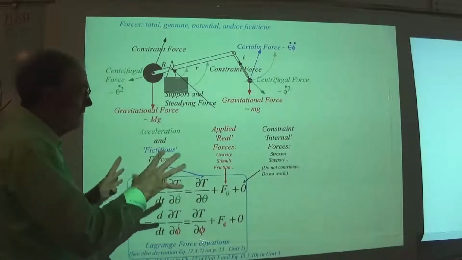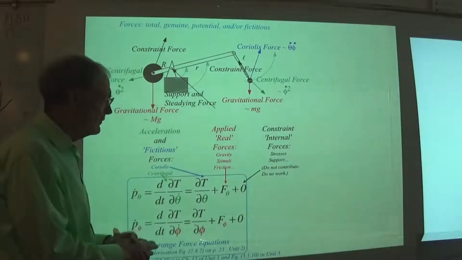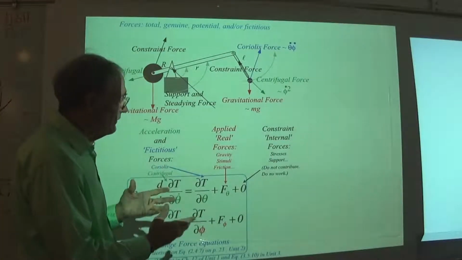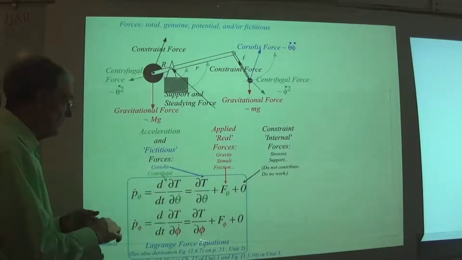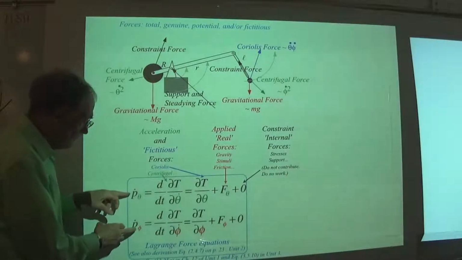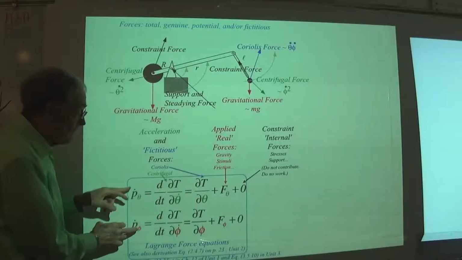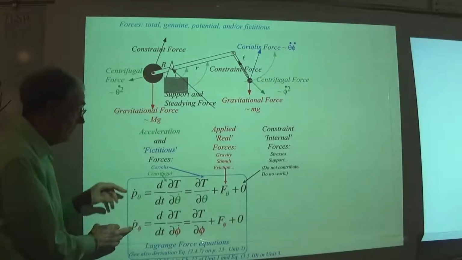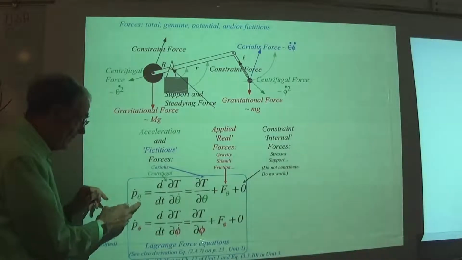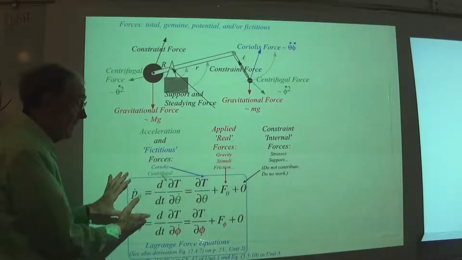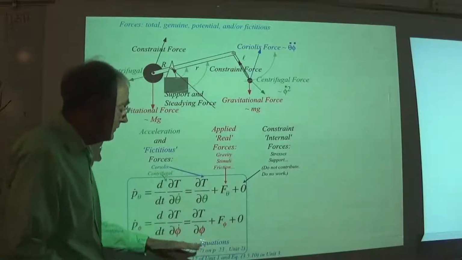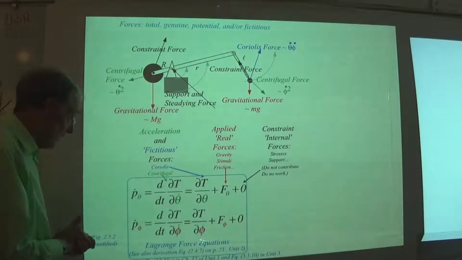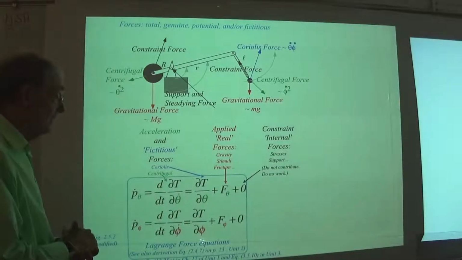Now we'll prove that in a very mathematical sort of way later on, but that is the whole idea of Lagrange equations. This is again an equation where I have the generalized forces, that's P dot, theta and phi, sitting here exposed, as it were, as this is the Lagrange force equations, not like the Lagrange equations that have a potential in them.